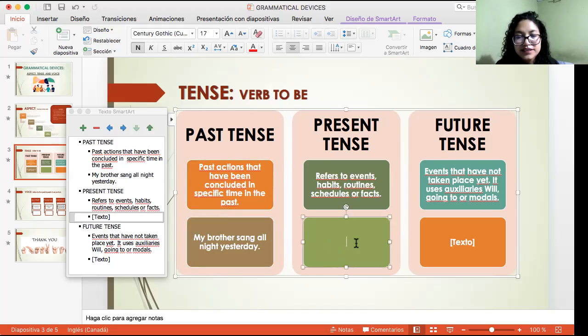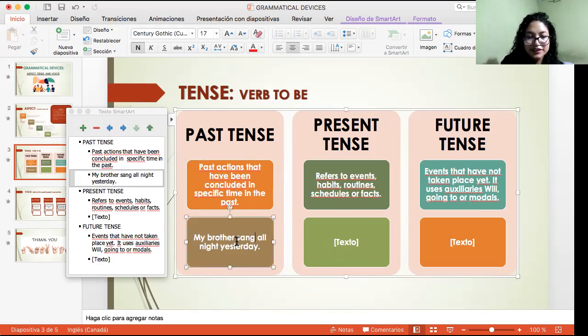Present tense. The important thing in this example is that we change the verb. This is an irregular verb, and because we are talking about the past, we use sang. The present tense refers to events, habits, routines, schedules, or facts.